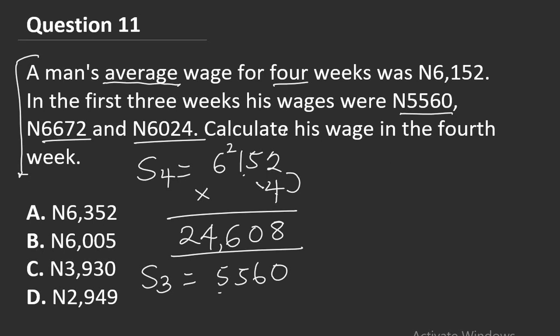Sum of 3 will be 5560 plus 6672 plus 6024. Since there's no space there, let me solve it here.